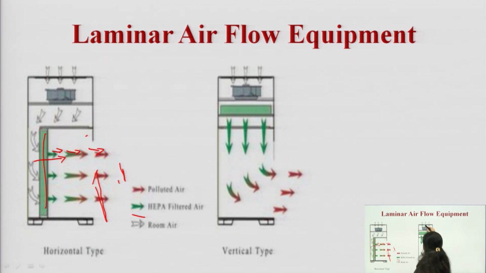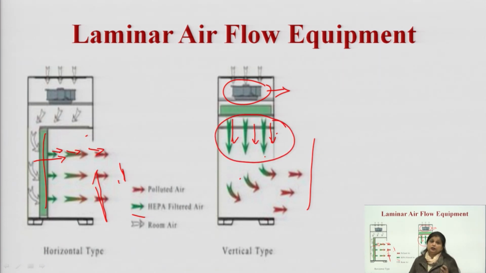And if the air passes from the top, HEPA filters are attached here and air is moving like this, then the flow is vertical. You are sitting here, this is the bench on which you need to work, and air is flowing from top towards bottom. This is called vertical flow, but the movement of air remains unidirectional.